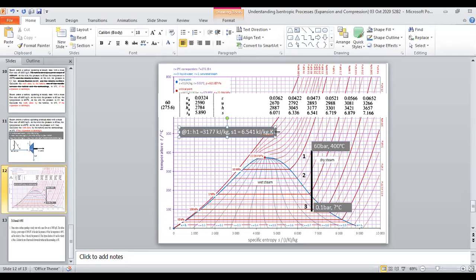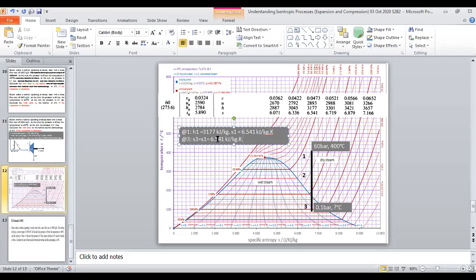Okay, so at 3 you can get S3 same as S1 because isentropic. That is 6.541.